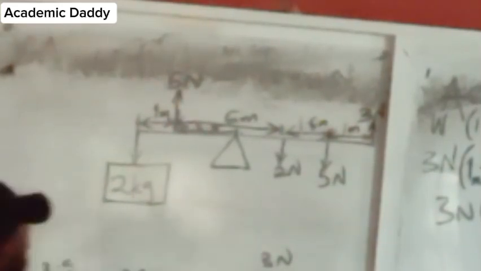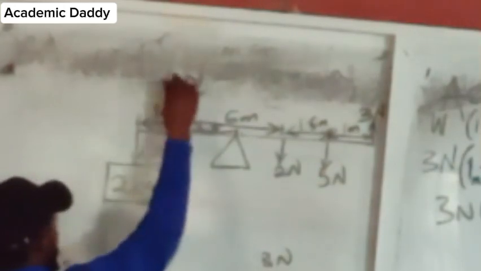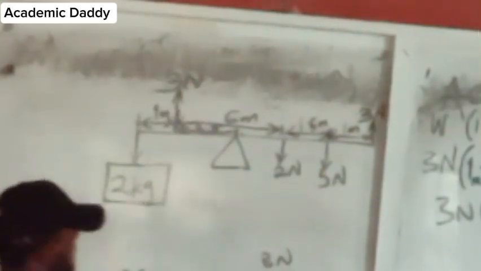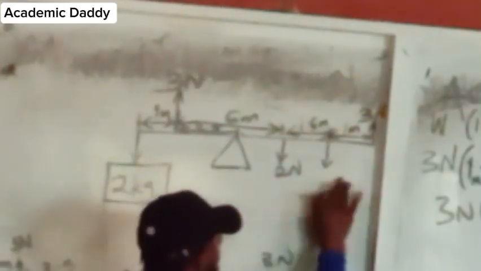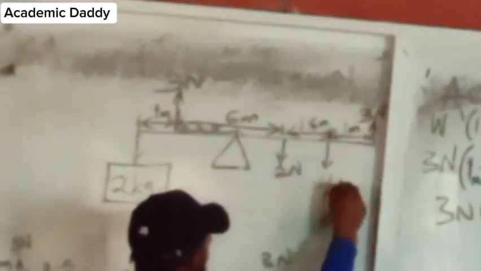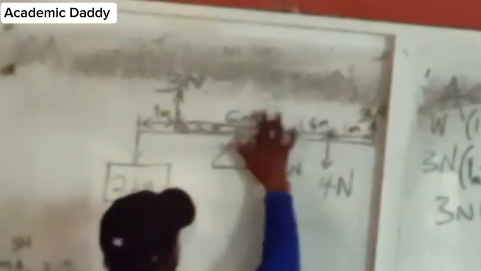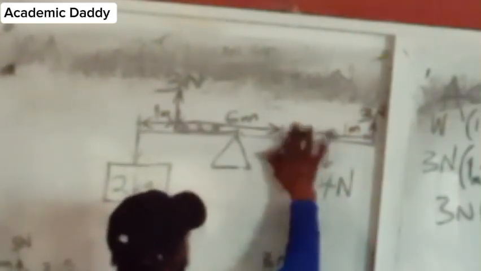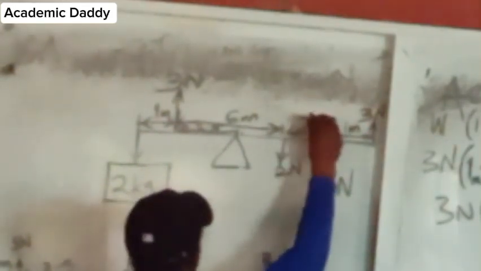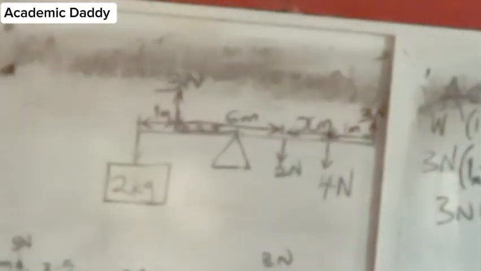And let's say I have this one to be 4 Newton. And then let's say I come and put here to be x meter. Now they ask you, please, in this question, what you're doing for is find the value of x.